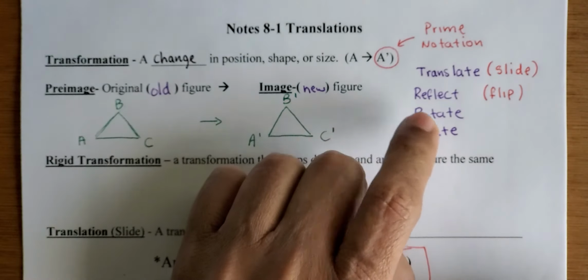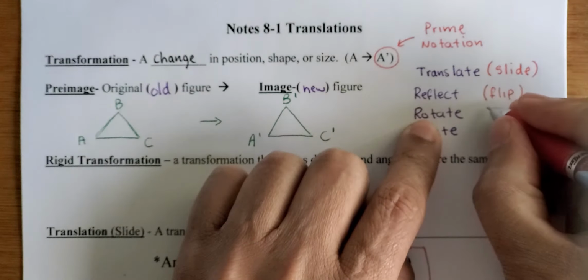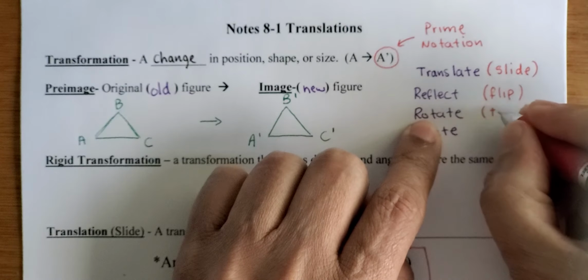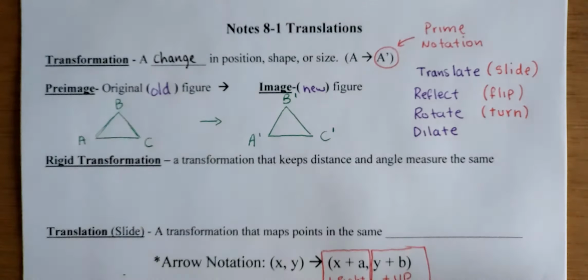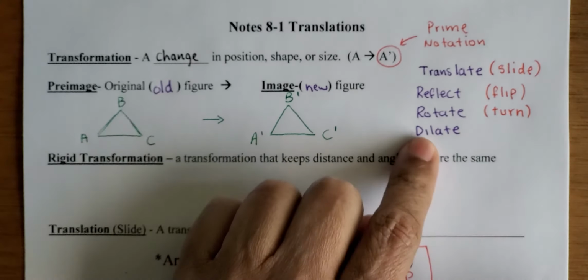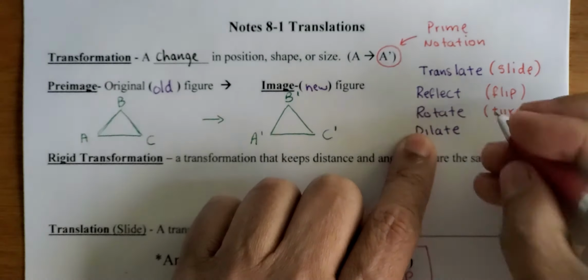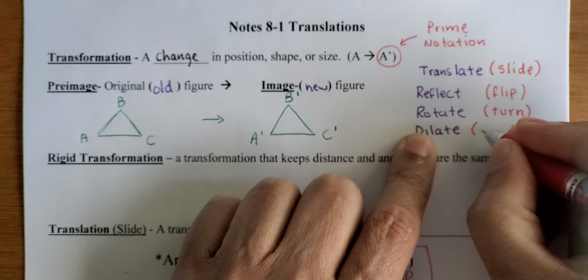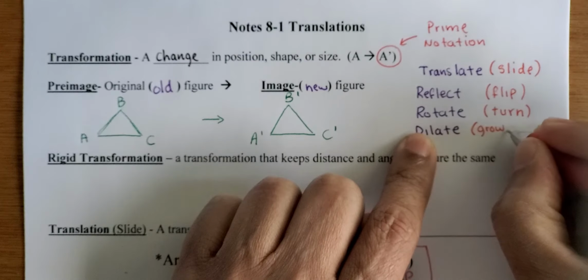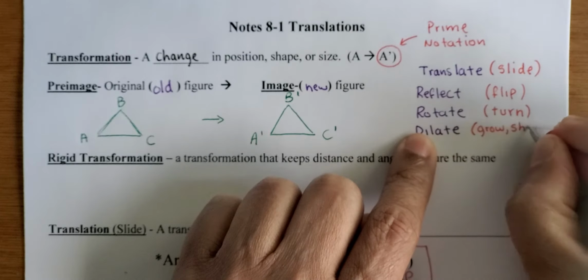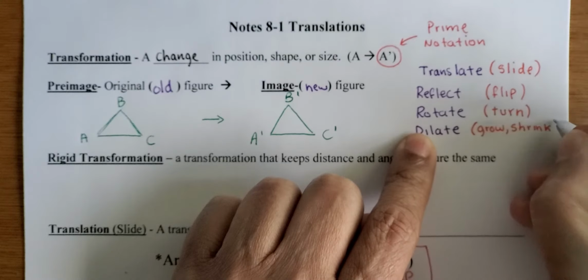And rotation, or we rotate a figure. All we do is we turn the figure about. There's an angle of rotation, and that has to be stated. Dilation, when we dilate a figure, we could either make it grow or make it larger, or we can also shrink it or make it smaller.